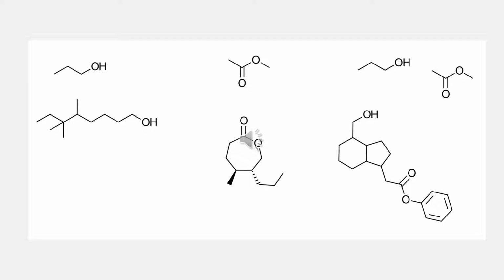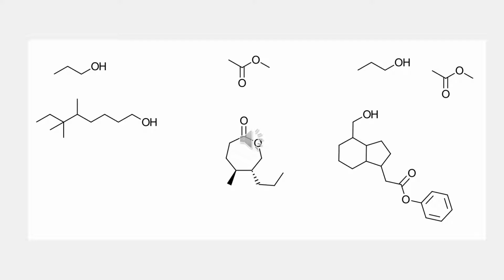Let's start on the left-hand side with the left-hand upper molecule. Very simple molecule, right? N-propyl alcohol, N-propanol. And so if you understand the behavior, properties, and reactivity of N-propyl alcohol, that means that you essentially also understand the behavior, properties, and reactivity of more complex alcohols like the one directly below it.